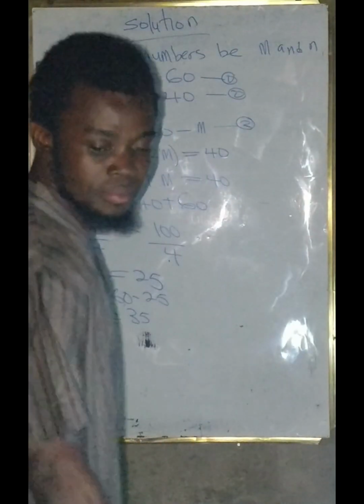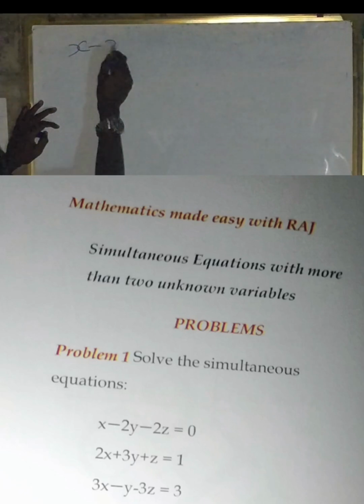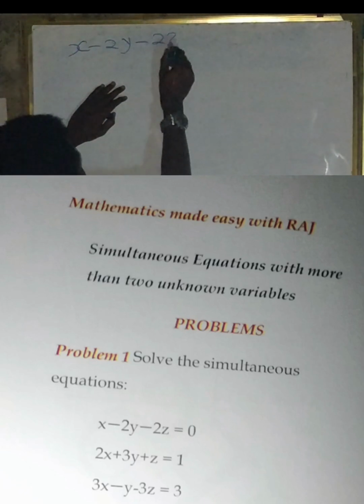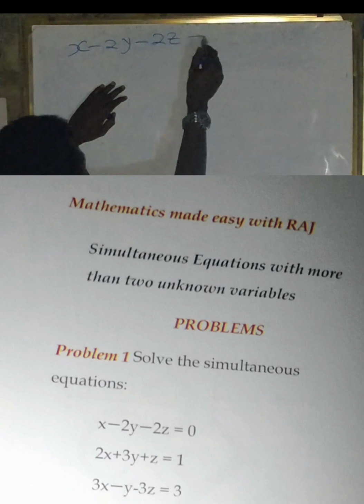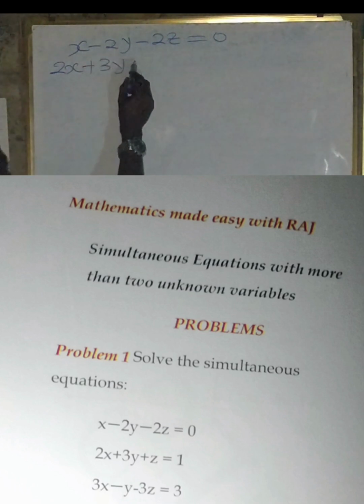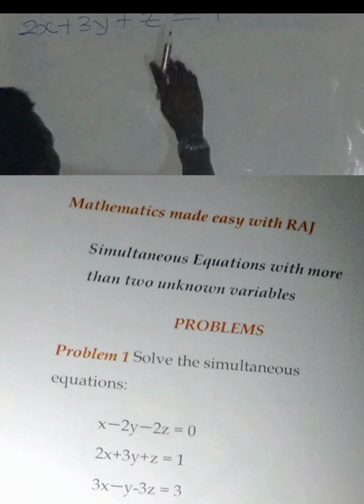Next problem. The same, in front of you. x minus 2y minus 2z equals 0. 2x plus 3y plus z equals 1.